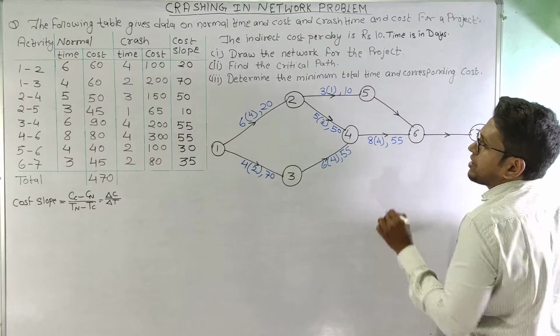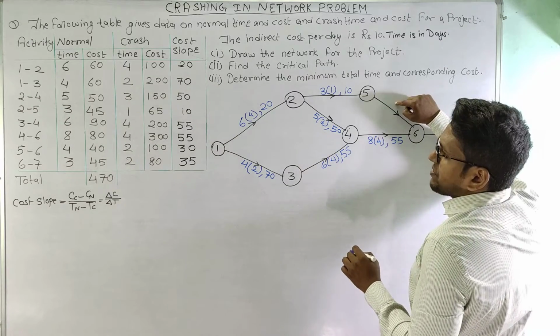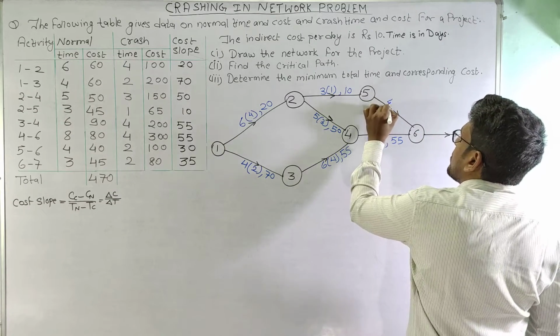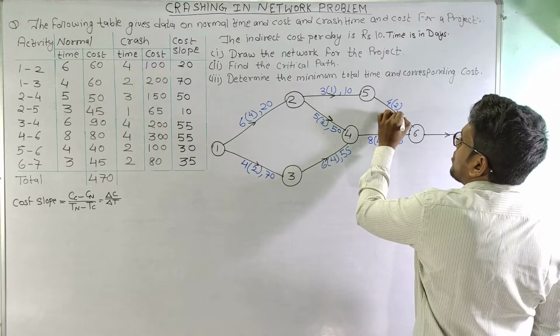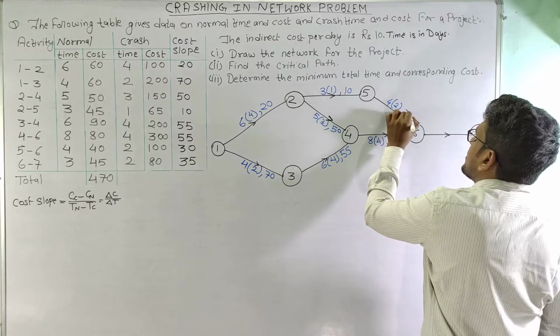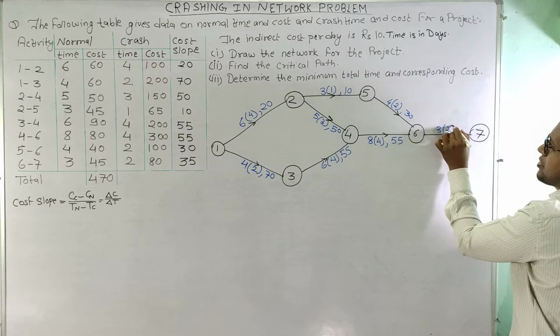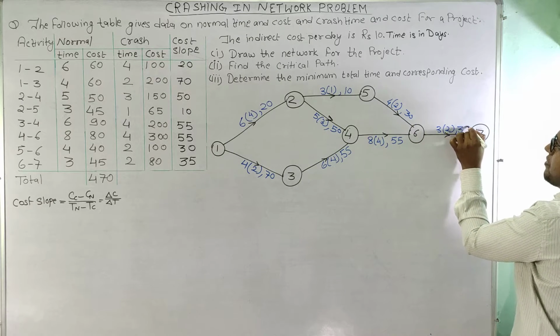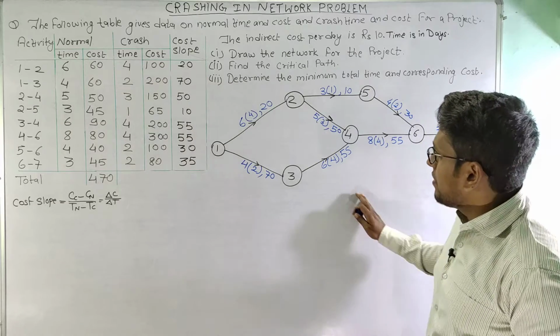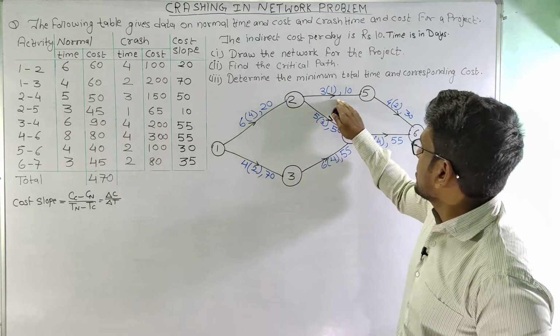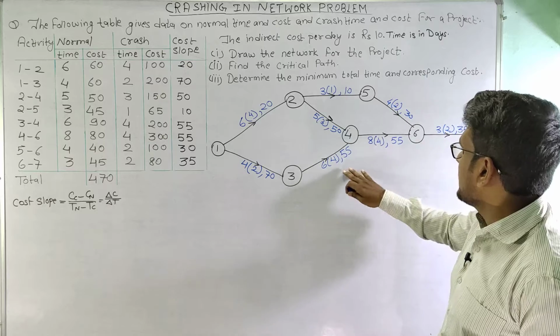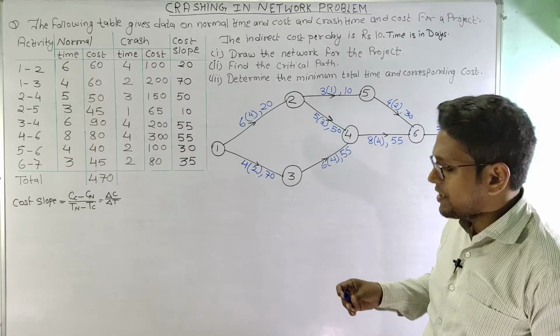Okay. Then 5 to 6 is 4, 2, comma 30. And 6 to 7 is 3, 2, comma 35. So we have written the time as well as slope for each activity.